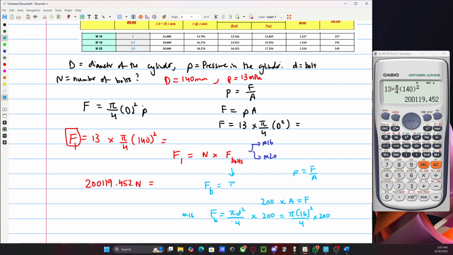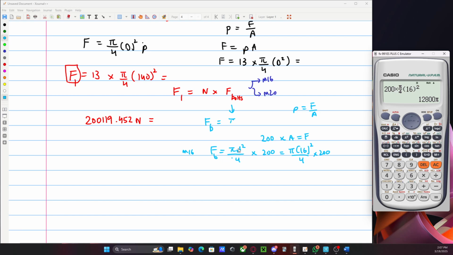So let's check what this will be equal to. So pi, 16 squared over 4, times 200, and we get 1280 pi, which is 40212 N.